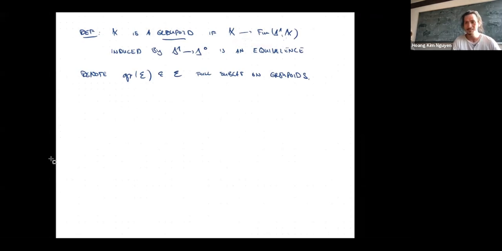Okay, because fun is the exponentiation, right? Yeah, right. You want to write it fun because you think of it as functors, but actually any map is a functor. Okay, fine. Thank you.